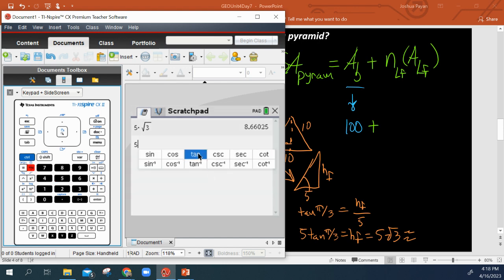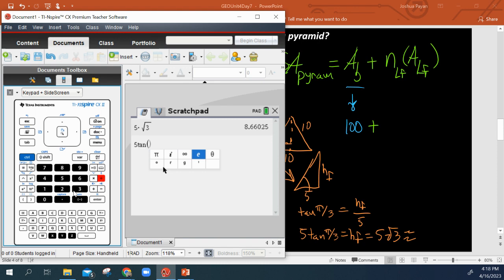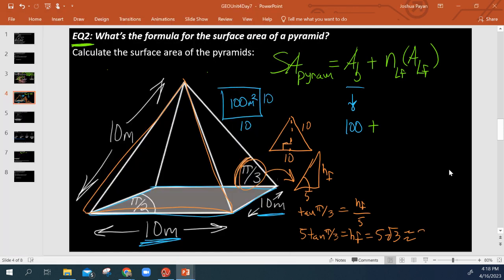If you're bad with remembering these kinds of things, you can just enter this in. What is this thing doing? Get out of there. Oh my goodness, technology. Pi divided by 3. Oh, cool. I like how it listened to none of those commands. But anyway, we see that we get the exact same thing. So 8.66, and that is in meters.